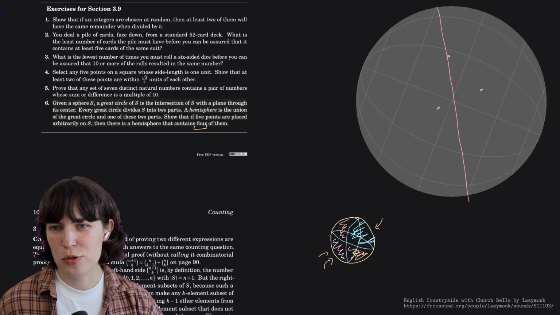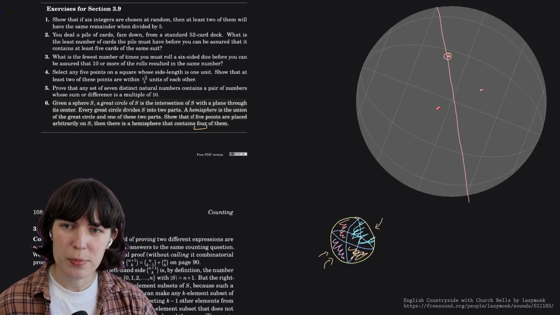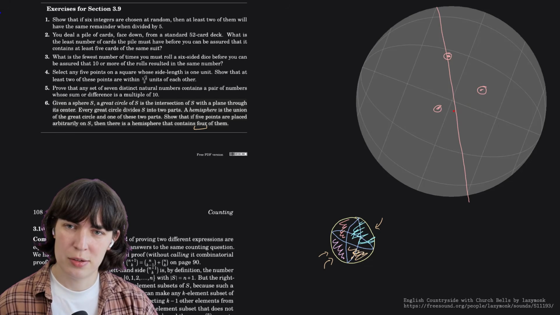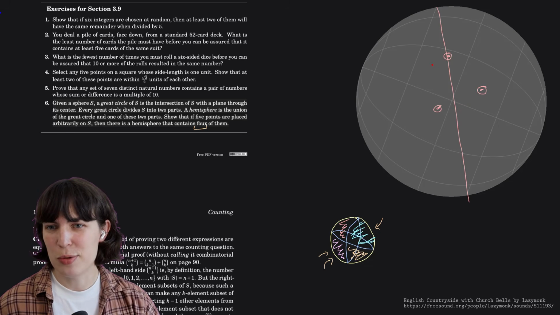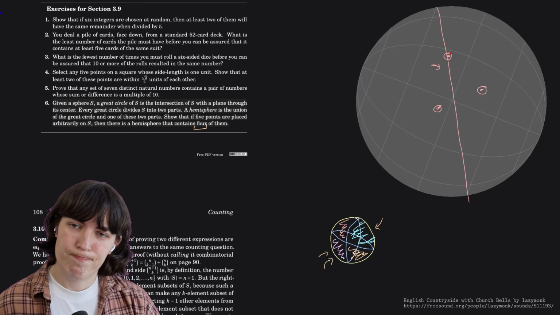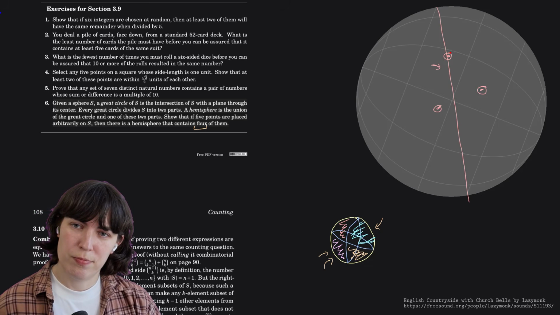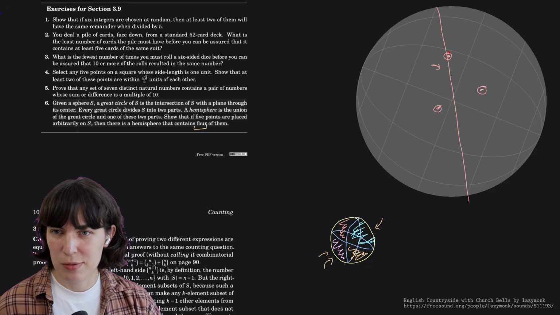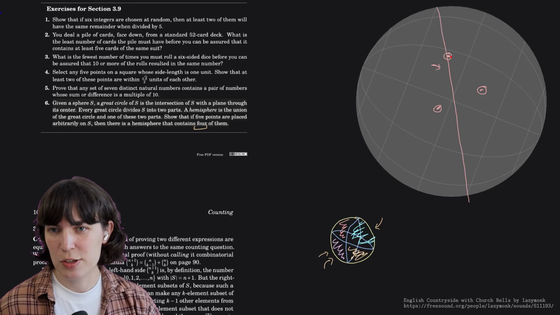We can always draw a line through one of the points, dividing the other 2 points, which means there's always going to be a hemisphere with 2 of the 3. I don't actually remember if it was 2 of the 3. So that's something.